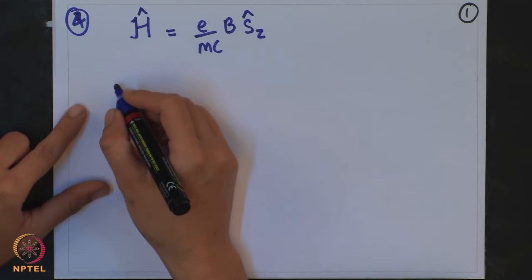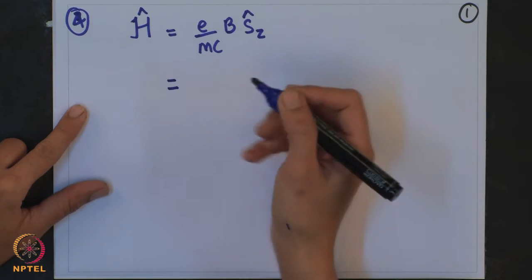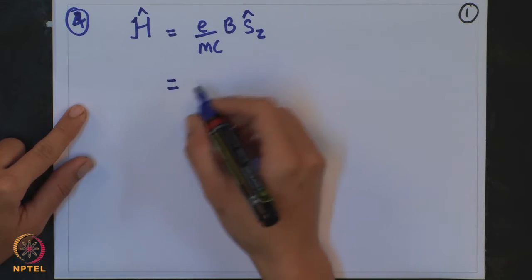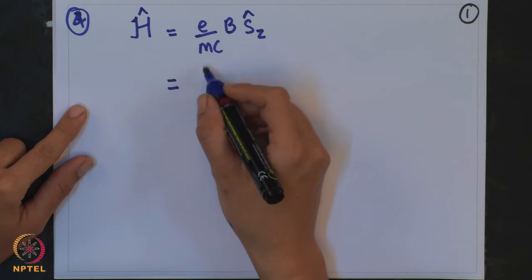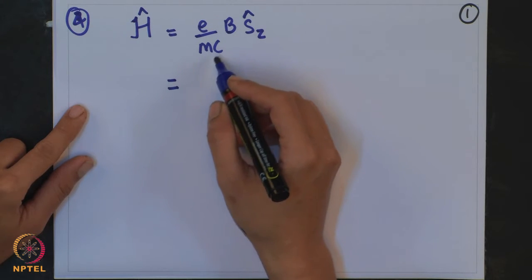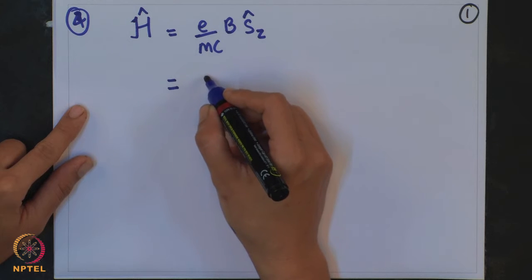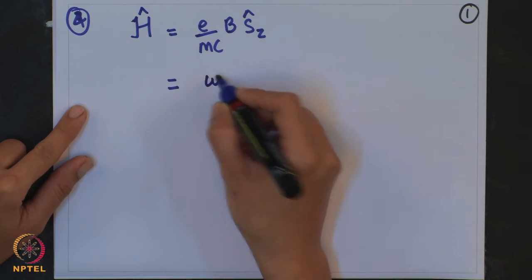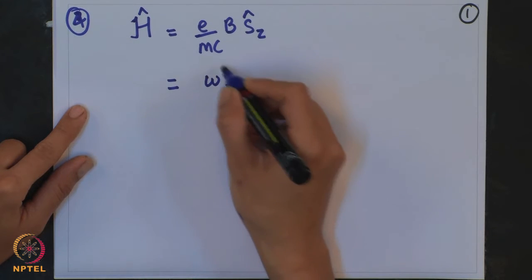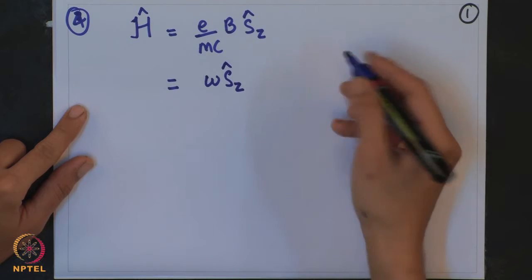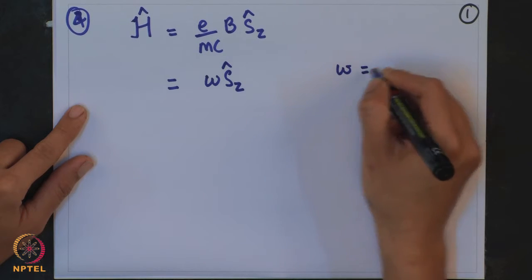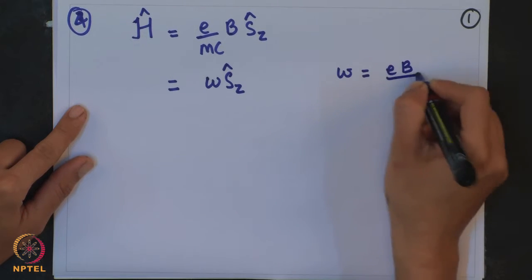We will rewrite this in terms of omega first. So, omega is eB upon 2mc, and here I will write omega Sz, where omega is eB upon mc.